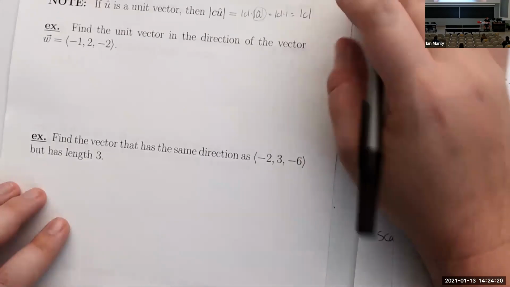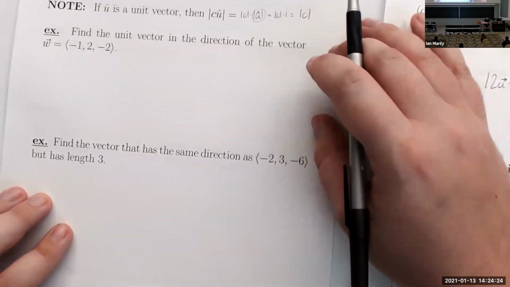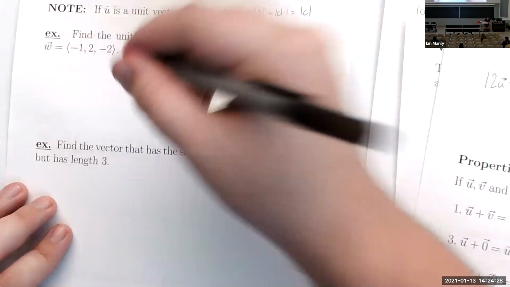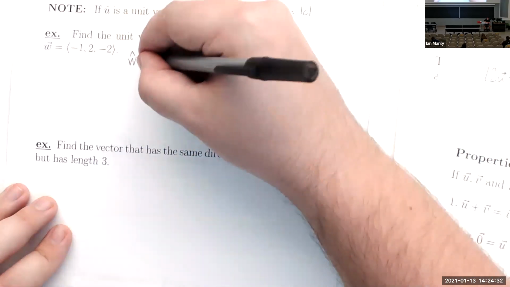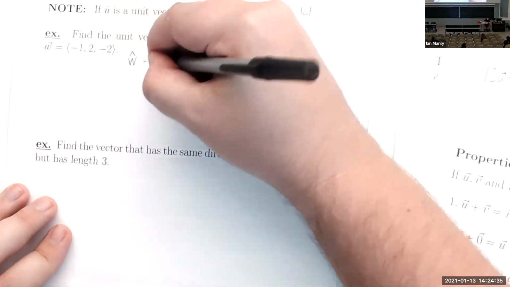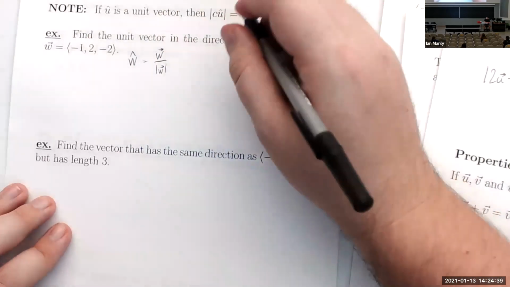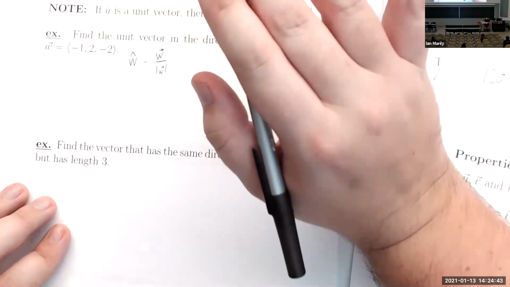All right, here's an example about unit vectors. Find the unit vector in the direction of this one, -1 to -2. The name we have for that is w hat, and that's going to be the w vector divided by the magnitude of the w vector. Now, I want you guys to be very careful with this because it's easy to mix up this notation.